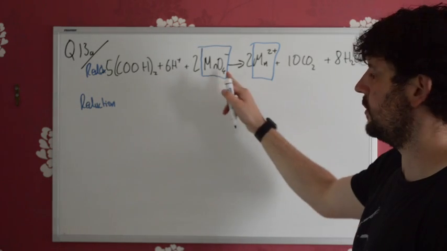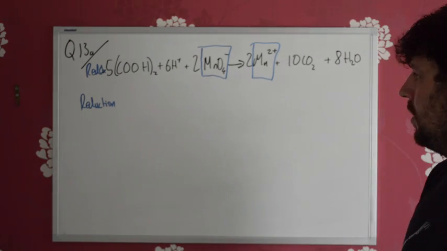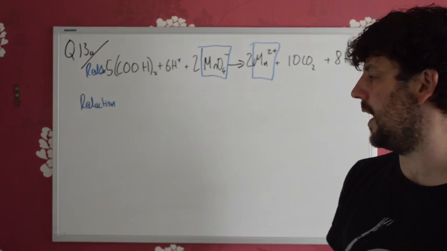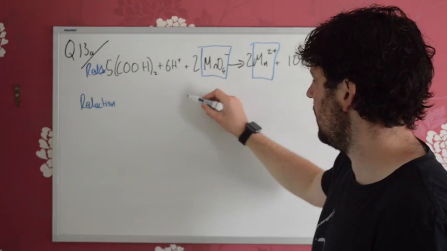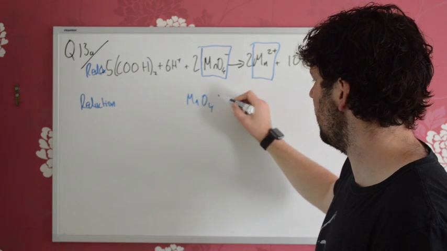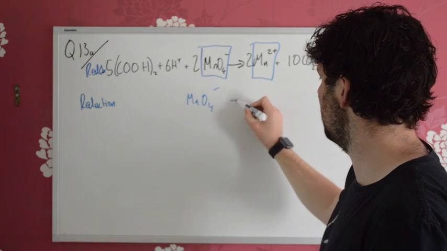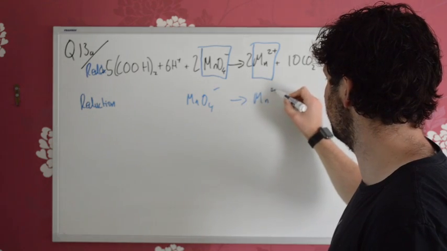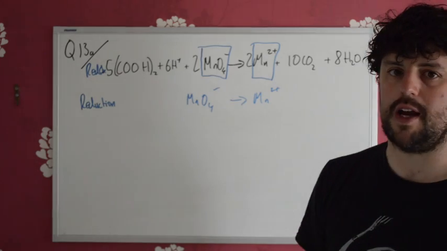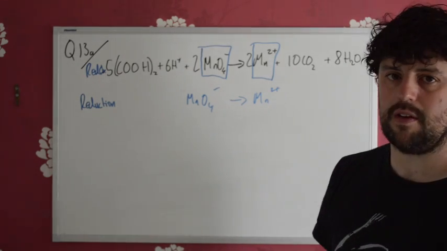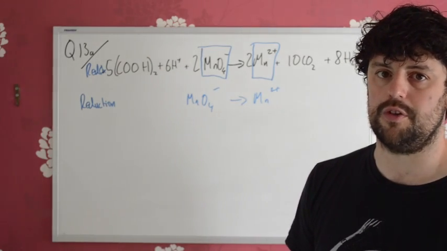Oxygen is being lost, so we have a reduction reaction happening here. So we can bring this down here, manganate forming manganese. You can actually look up the data book and find the reduction reaction for manganate, or you can just work it out yourself following the rules that we know.